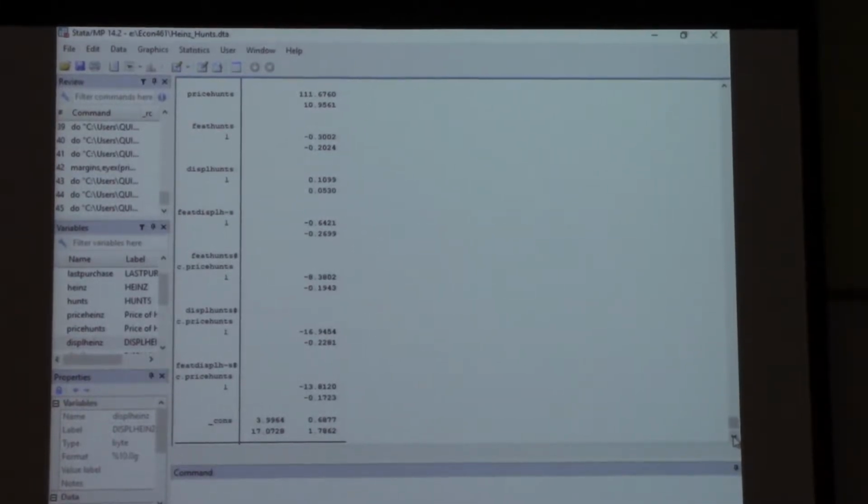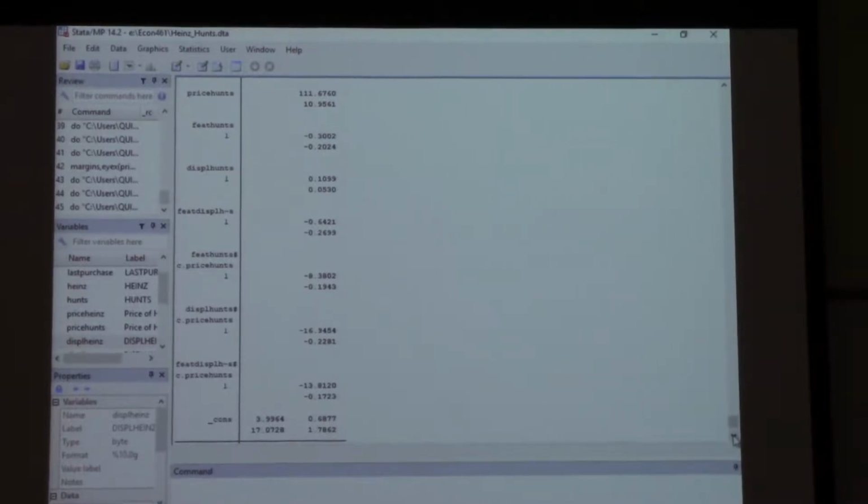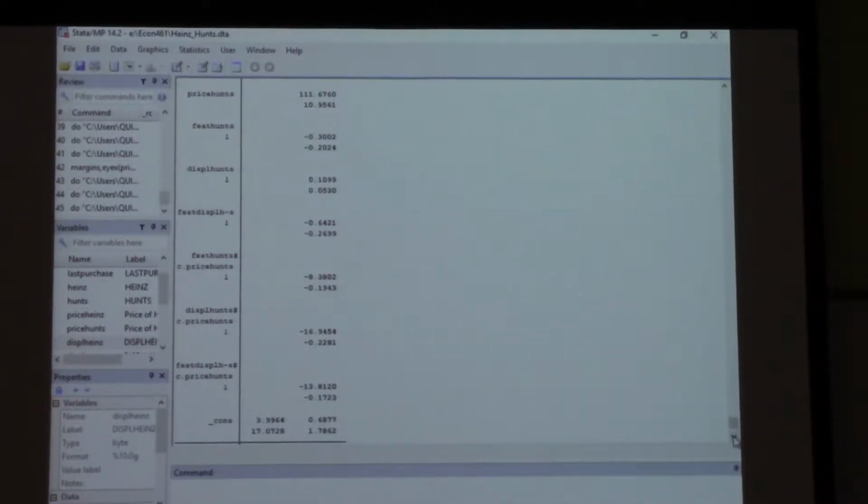Our promotional effects by Hunt's should be negative on the probability of purchasing Heinz. And as we see, remember the intercepts are not as important, but most of them are negative except for spread.